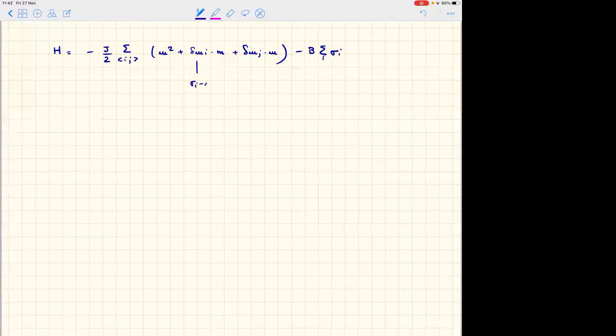So what I will get is the following, is that my H is going to be minus J over 2 sum over I and J, M squared plus delta Mi times M plus delta Mj times M, minus B sum over I sigma I, where delta Mi is, again, sigma I minus M, delta Mj is sigma J minus M. Now, let me substitute this expression, simplify as much as I can.